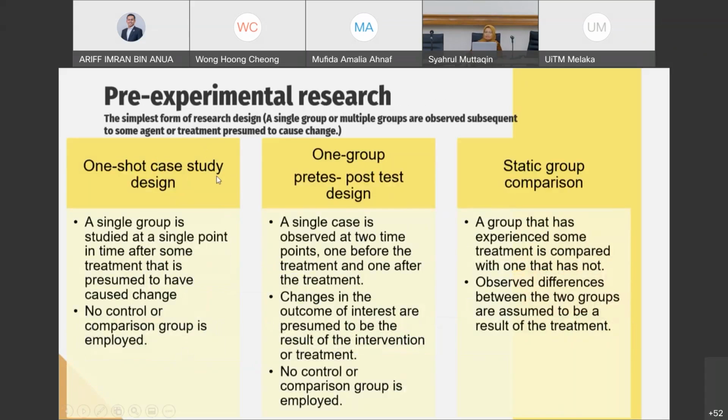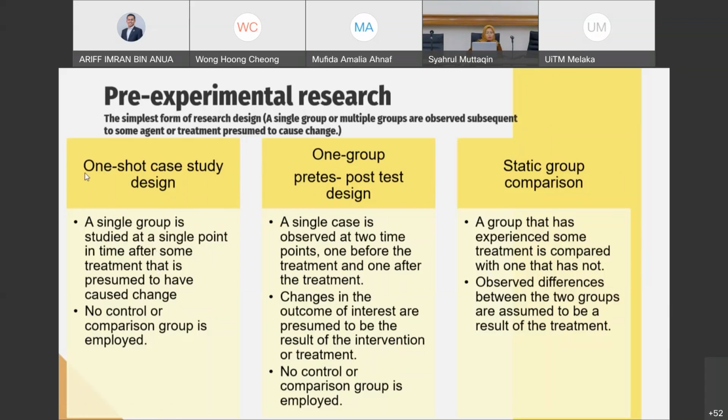It is the simplest form of a research design, since a single group or multiple groups are observed subsequently, and a treatment is presumed to cause change. The designs can be the one-shot case study design, and then the one-group pre-test and post-test design, and the next is static group comparison.